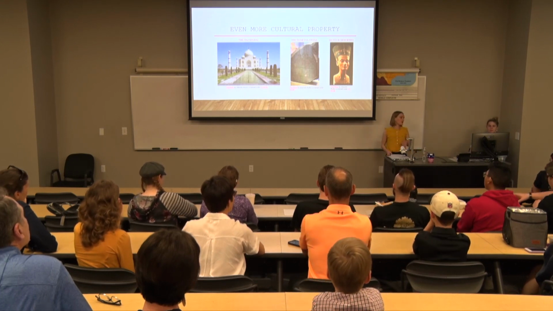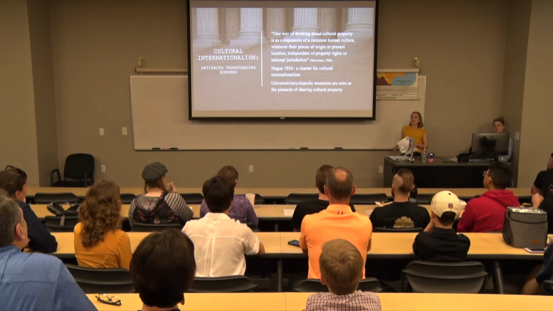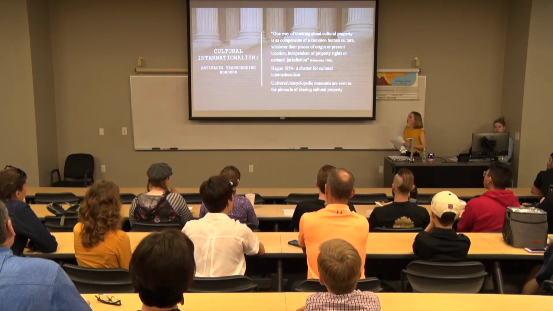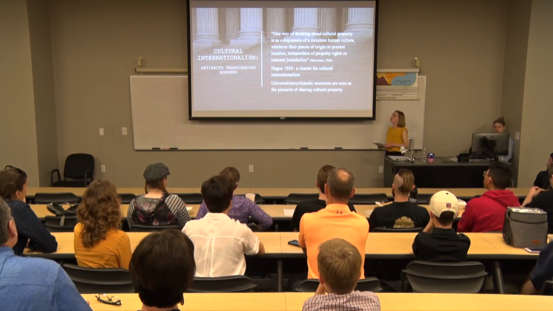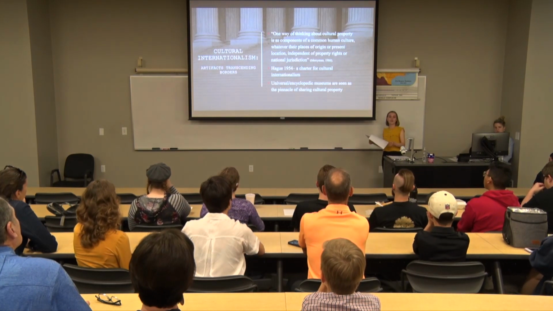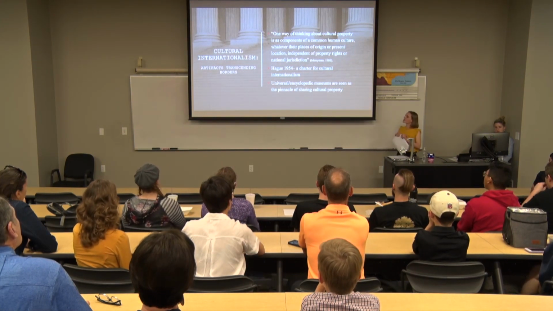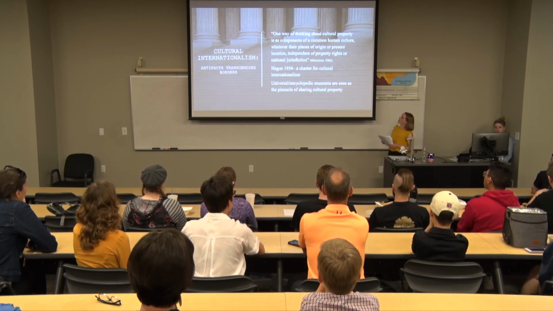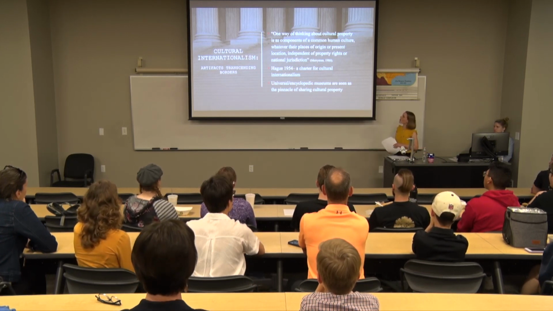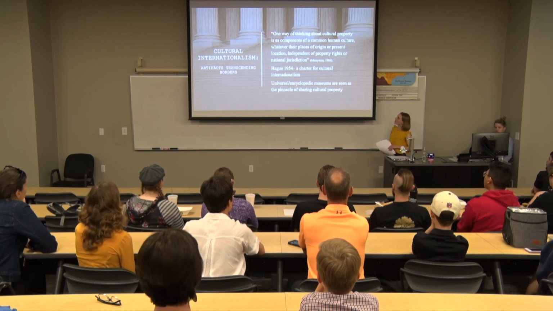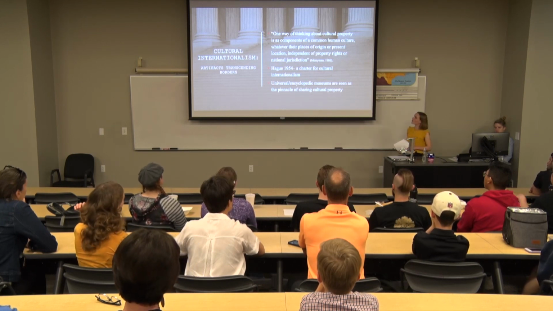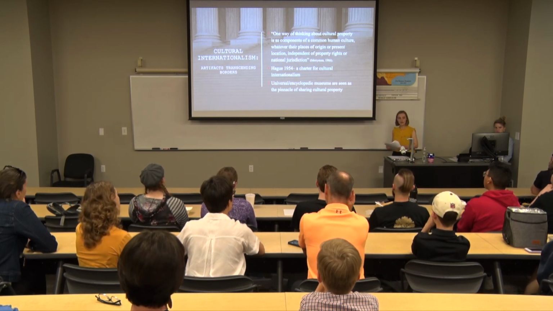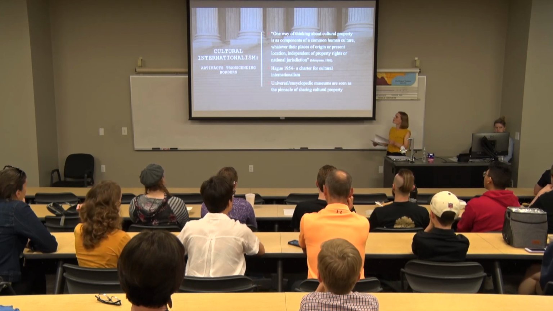I want to start off with the debate touching on cultural internationalism, which I have subtitled Artifacts Transcending Borders. Once again, we have John Henry Merriman, who states, one way of thinking about cultural property is as components of a common human culture, whatever their places of origin or present location, independent of property rights or national jurisdiction.